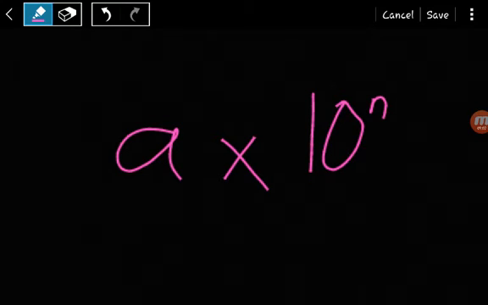Since 10 isn't a one-digit number, we should say between 1 and 9.9999999 repeating. And n equals an integer, just any integer in the world. Negative 23, 8, 99, n is an integer.